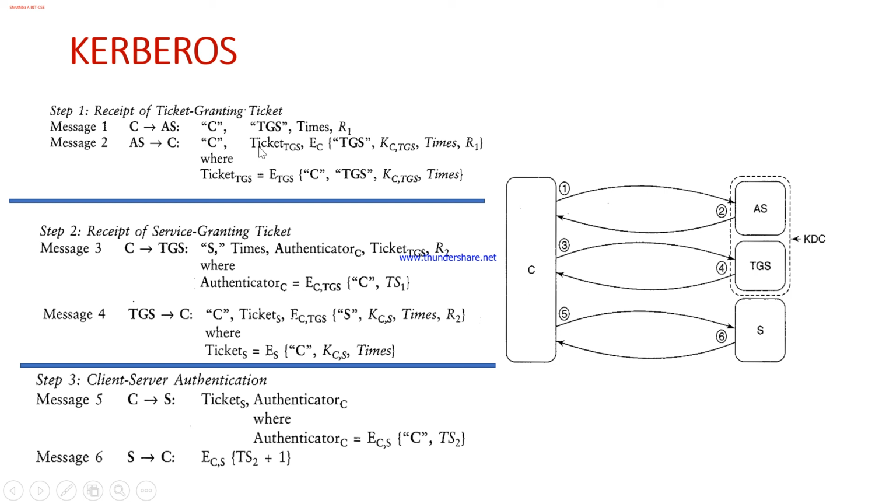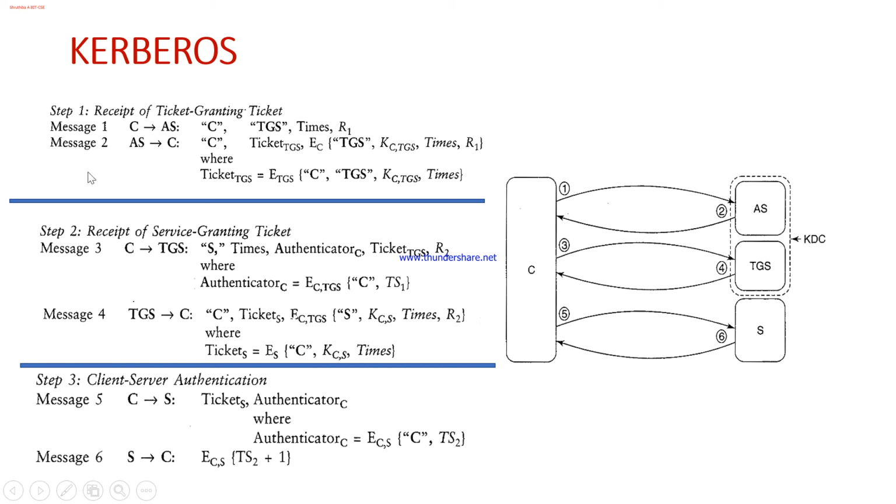TGT is nothing but this T. He'll also send the encrypted message which contains the TGS session key, which is used for communicating with the TGS, along with the time he has specified and the challenge that he had sent. The same things will again be present in the ticket granting ticket, TGT.